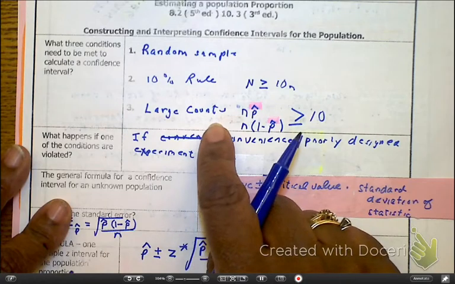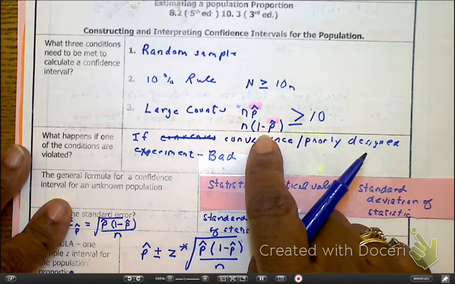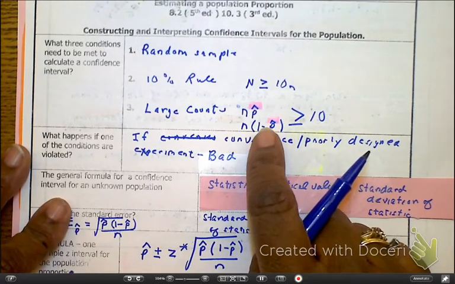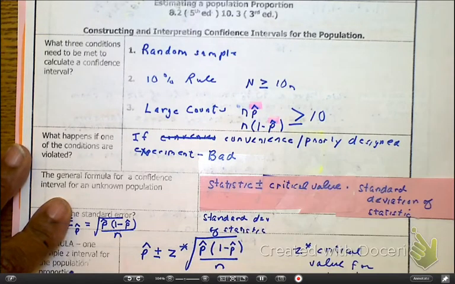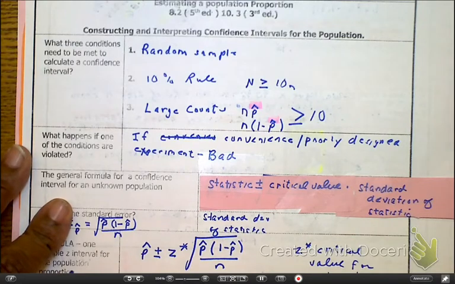Large count condition: but please notice right here, we have n times p naught, but why is it the sample p? Let's think about that. It's because whenever you're looking at these conditions, you are not given anything about the population, so it's the only p that you have available.